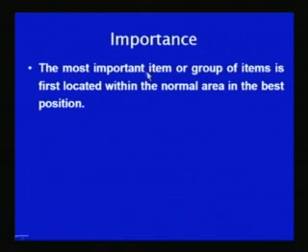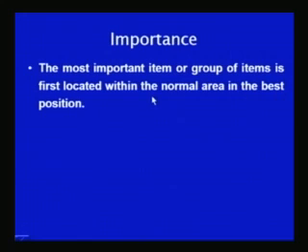So, depending upon the criticality of the functions, control devices are located as per needs. Based on this principle of importance, the most important items or group of items is located first within the normal working area in the best possible position.